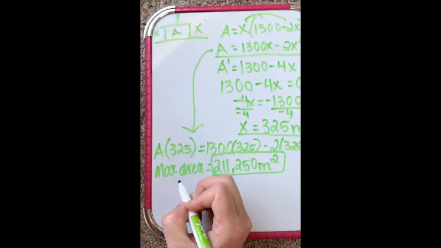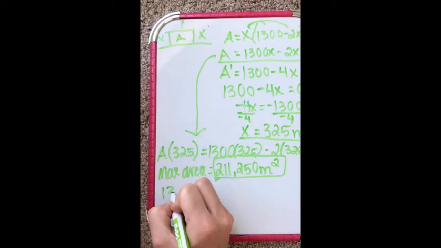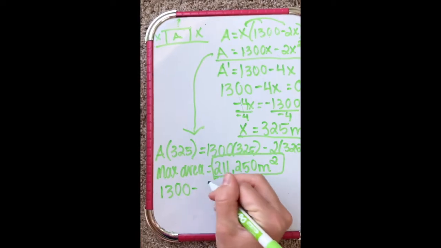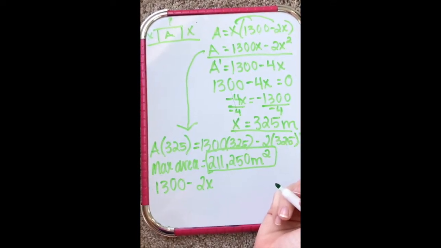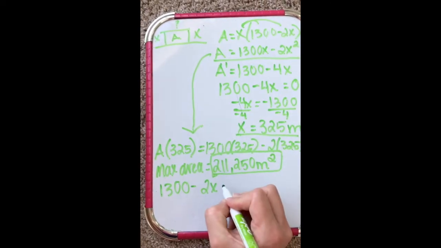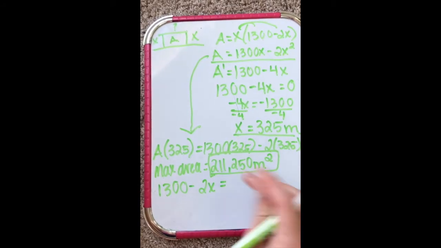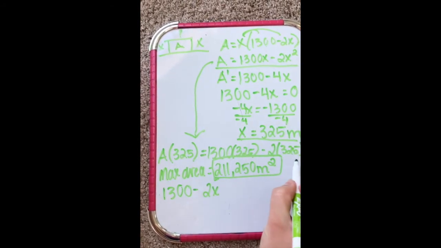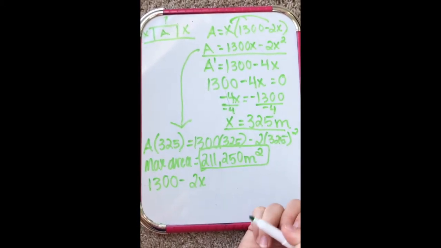Well, the perimeter can be given as 1,300 minus 2x. So we plug in this x, which is this value we found for x, and we should get the other dimension.